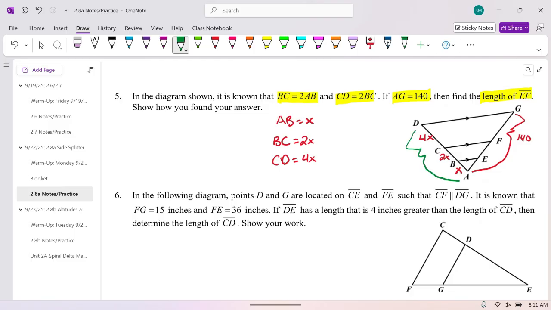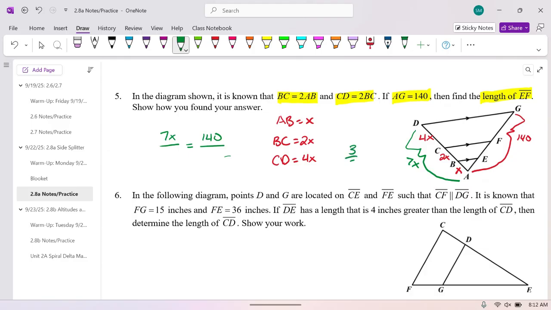What would this entire side length be if we added those together? 7x. Now, we know that if we set this up in a proportion, it would be 7x is equal to something here, which is equal to 140 over something here. So to solve for x, all we would really have to do is just set 7x equal to 140.